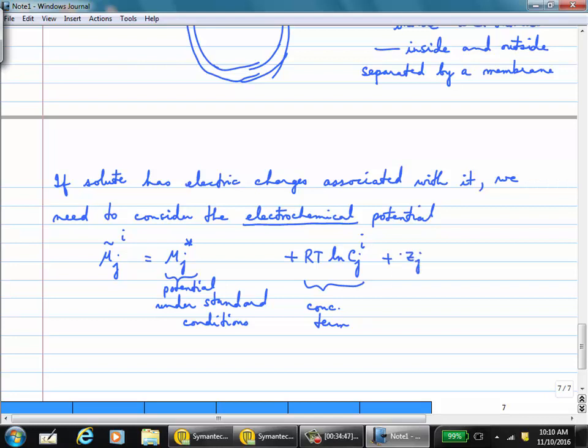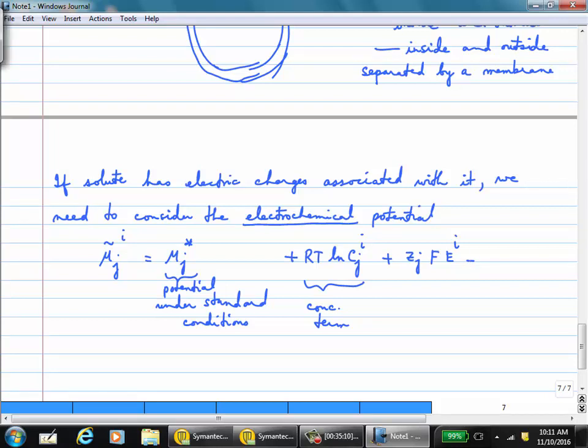If the solute happens to be the sodium ion, it's +1, so Zj will be +1. If it's a chloride ion, the charge is minus 1, so Zj will be minus 1, right? Times capital F, which is the Faraday constant, and times the electric potential inside the cell.